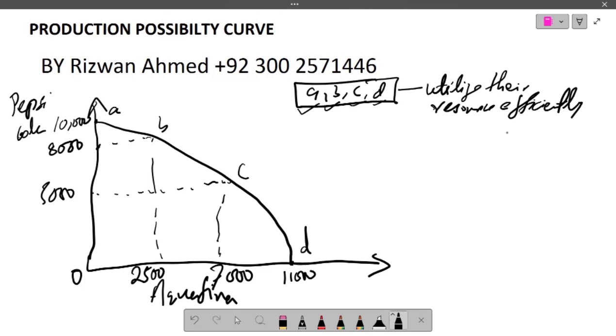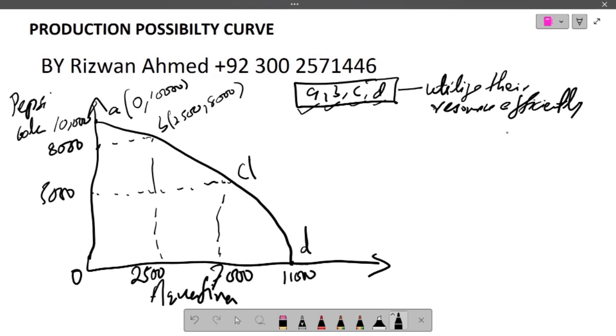Point A shows they are producing 0 units of Aquafina and 10,000 units of Pepsi Cola. Point B shows they are producing 2,500 units of Aquafina and at the same time 8,000 units of Pepsi Cola.